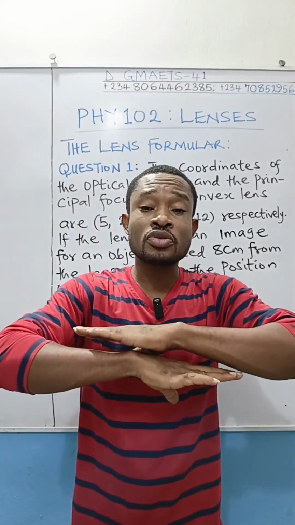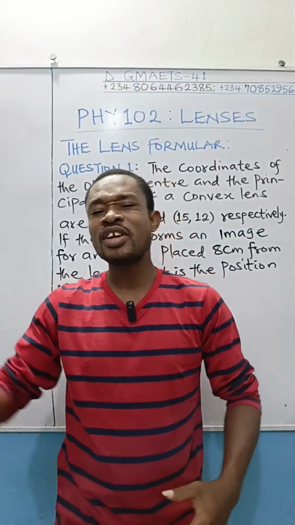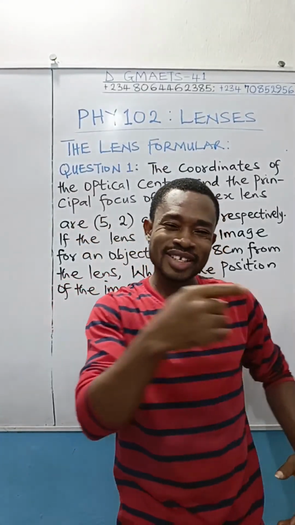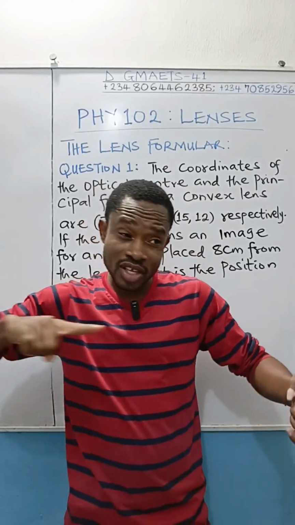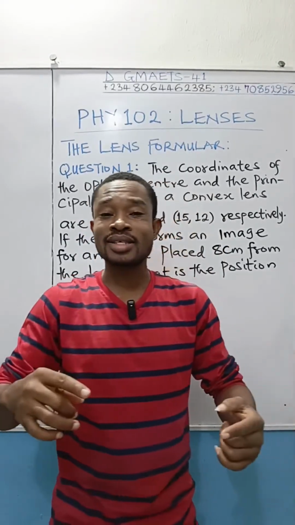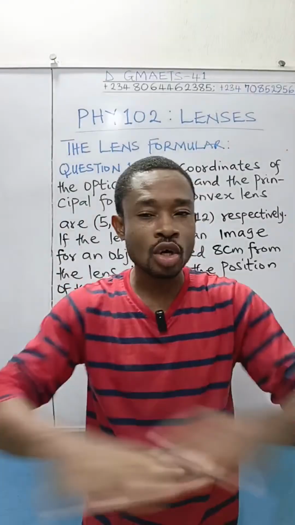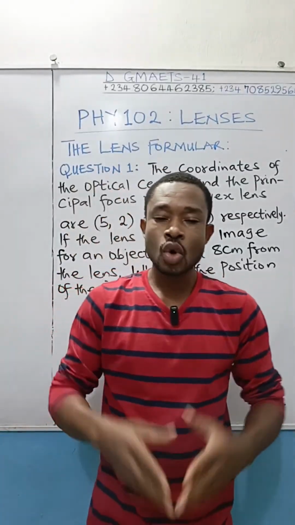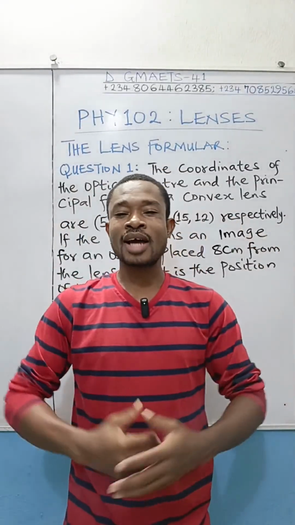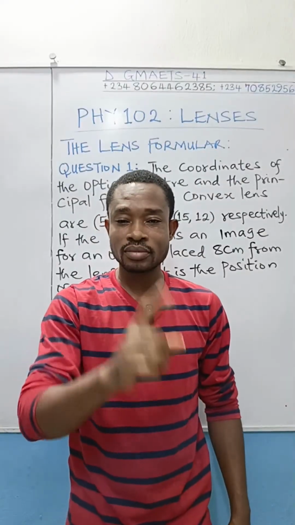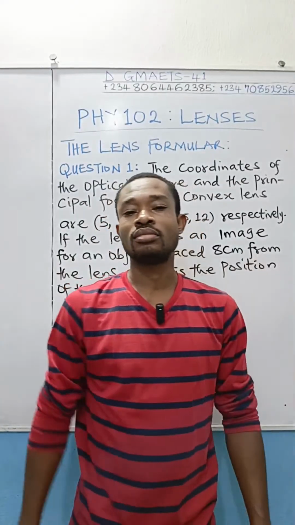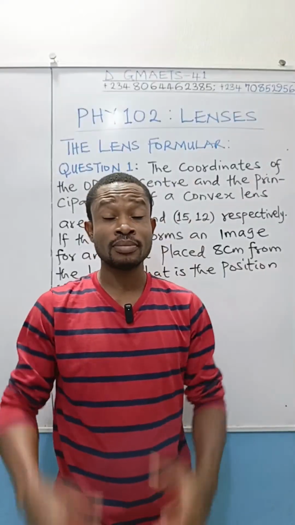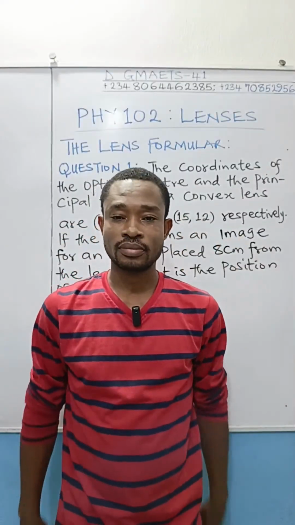So it passes through the optical center straight. If any ray of light follows the path of the principal axis, that ray of light will not bend. So what should you know about the principal axis? Just in one word, line.